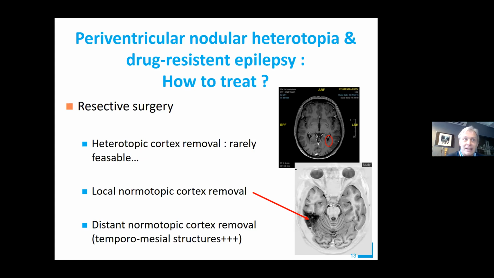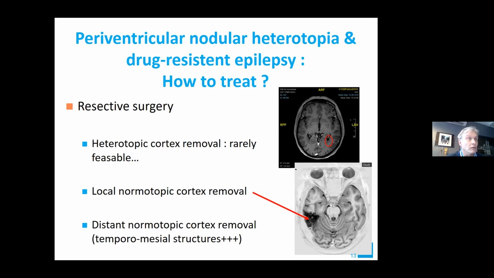Resective surgery can consist in removal of the local normotopic cortex, which we did in some cases of our experience, as shown here. So finally, it consists in doing a very classical cortectomy. It is a temporal basal cortectomy in this particular case I show here, but it consists in performing a classical cortectomy as in any epilepsy surgery.